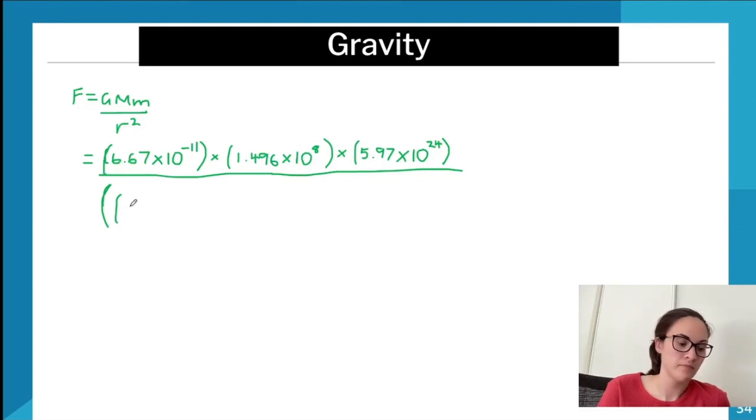I'm going to start writing it in, so 6.95 by 10 to the 5. Plus, because we're going to add these radial distances, 6380.